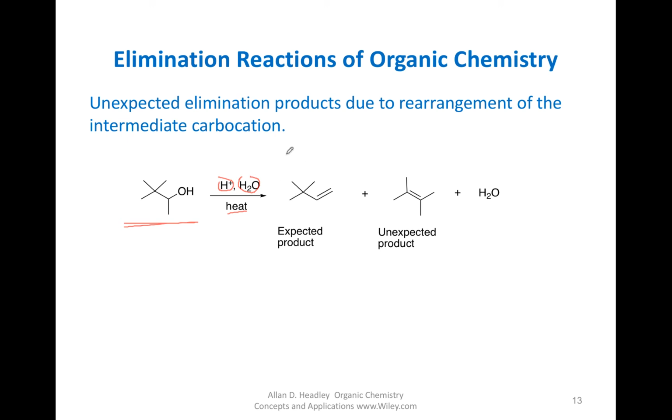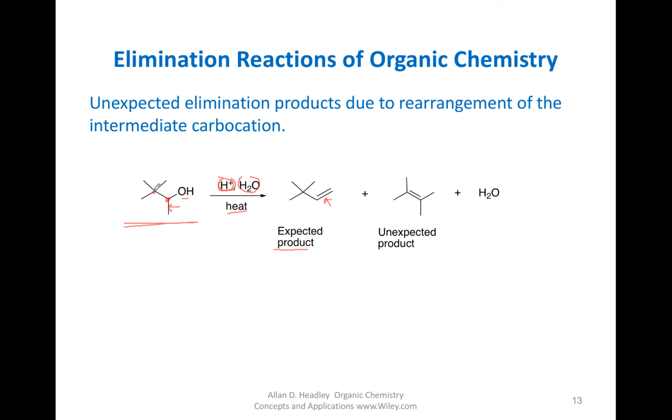If it's an E1 elimination, as you'd expect, because it has a proton and we have a good leaving group, that can be converted by converting OH into OH2+, you would expect the carbocation here, and you would expect the double bond to form right here. And here it is. So that's why this is called the expected product.